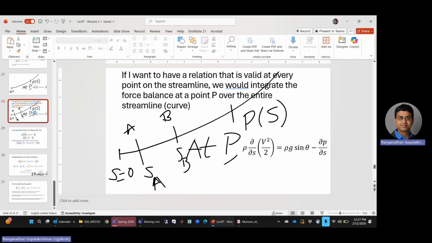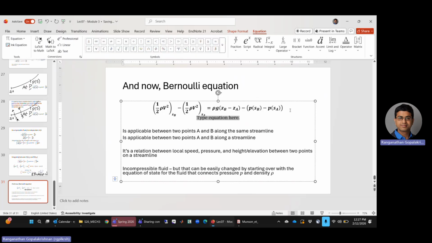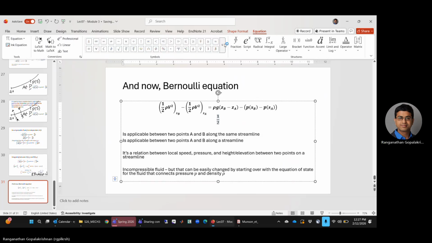So we can take this equation and state it differently. We can also say the quantity half rho v squared plus pressure plus rho gz is equal to a constant.